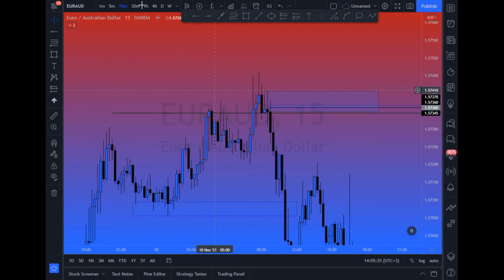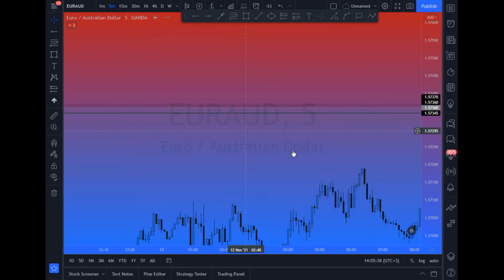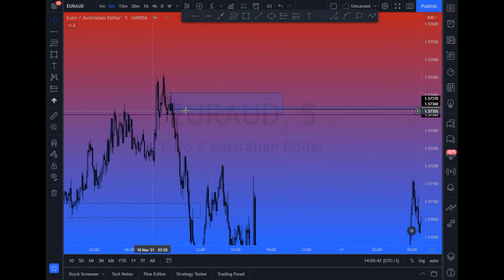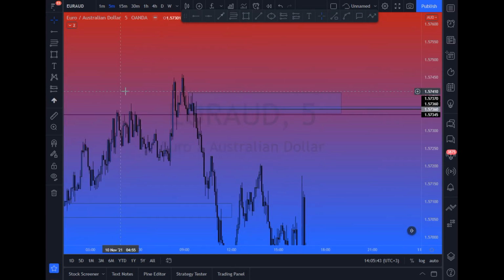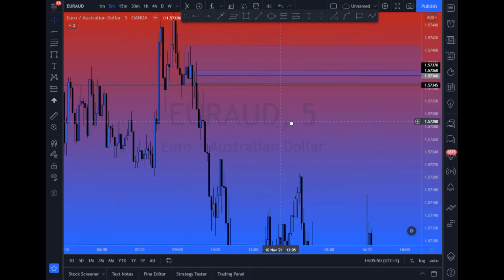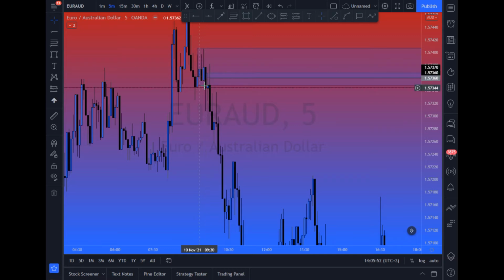This is just refinement. This is a fresh zone, so we'll refine it to here then.